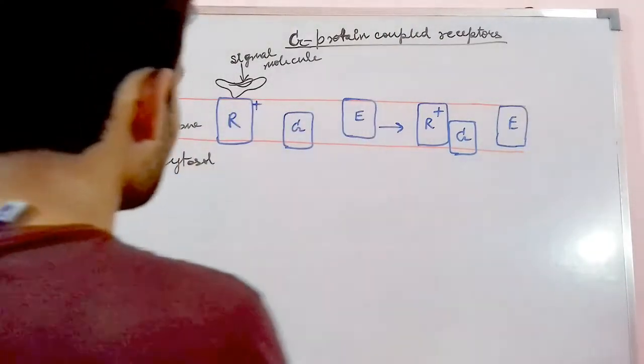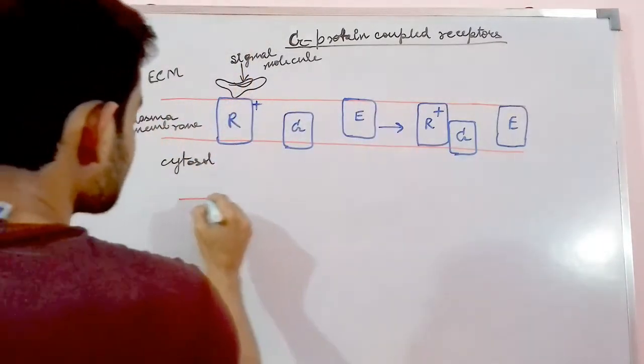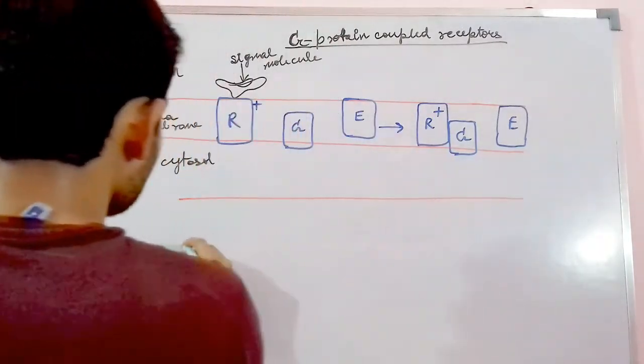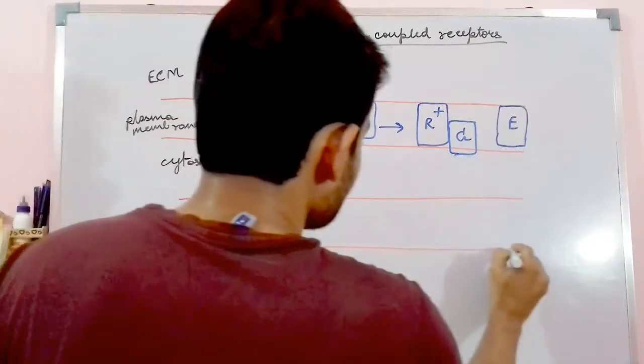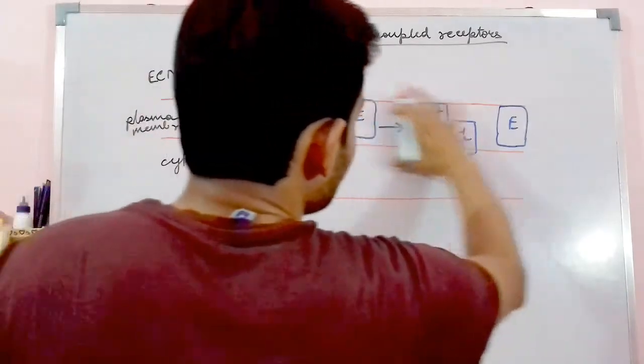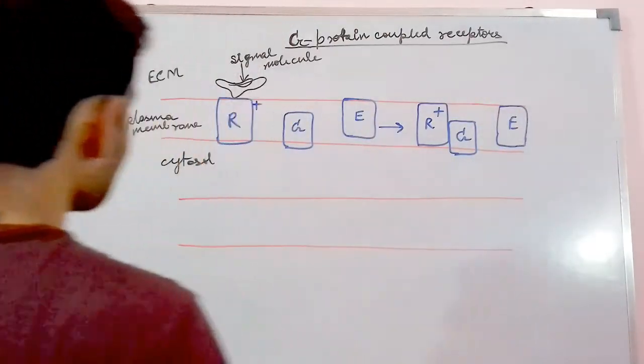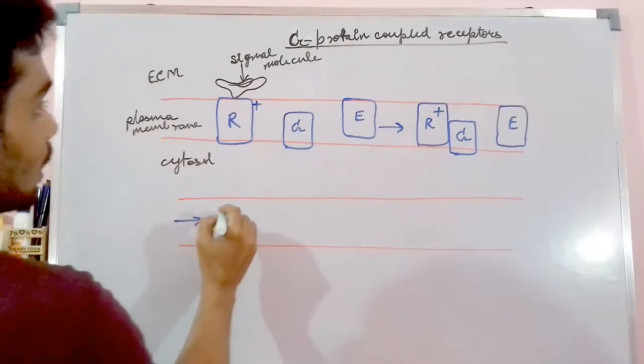Now in the next stage, let me draw another plasma membrane, the same plasma membrane. This is nothing but the continuation of this plasma membrane. And now in the third stage, what would happen?